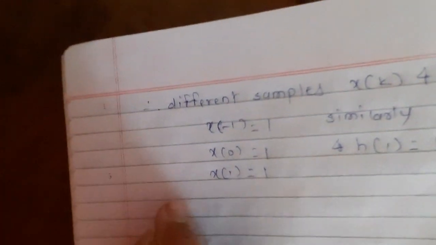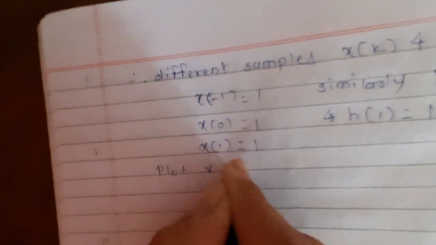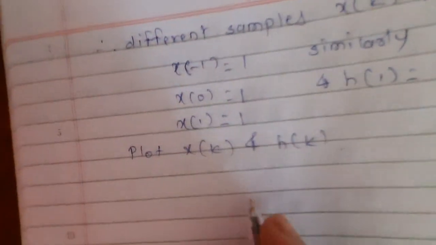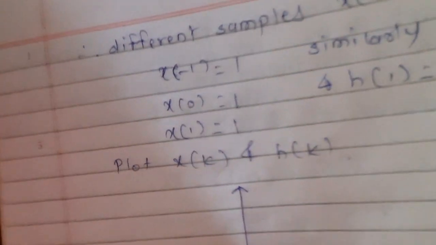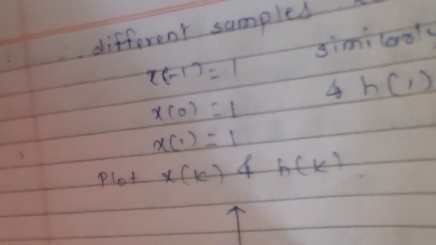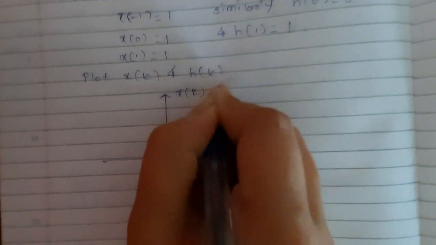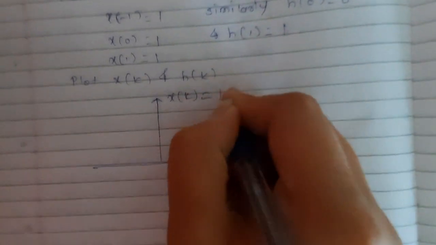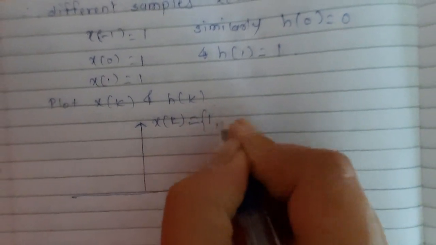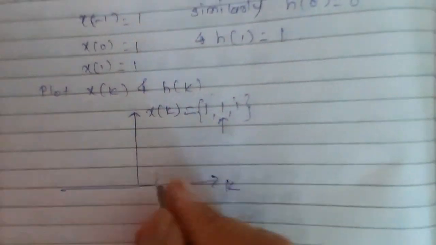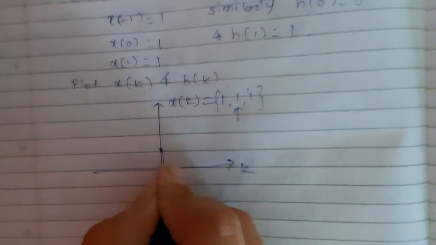Now plot x of k and h of k. So this is k, it is x of k is equal to 1, so for all values it is 1.